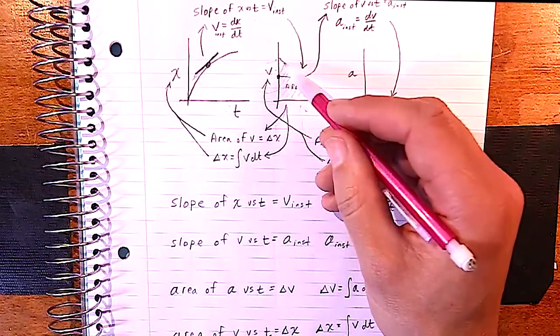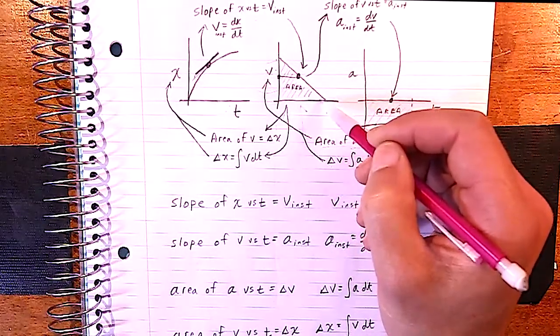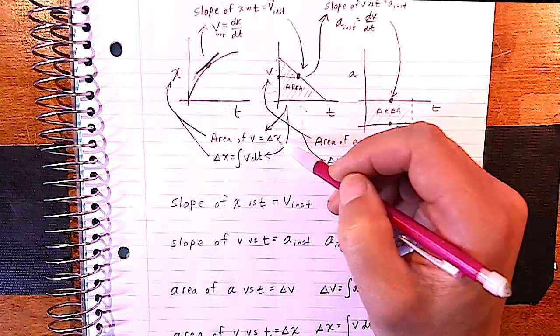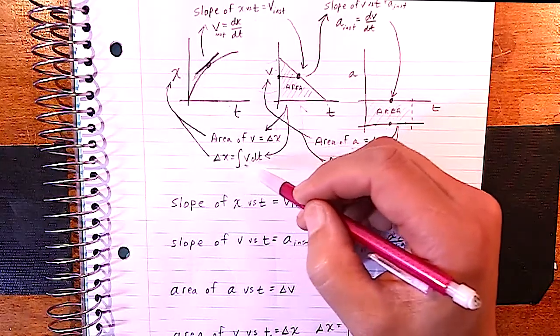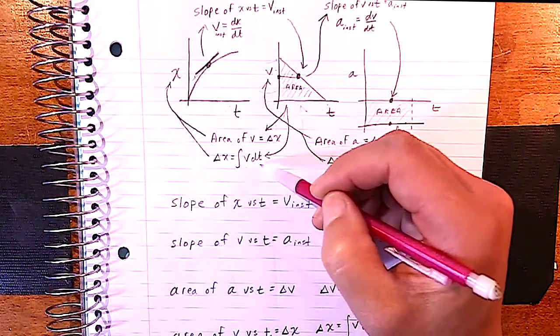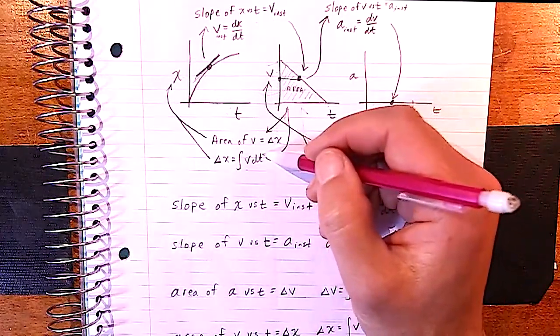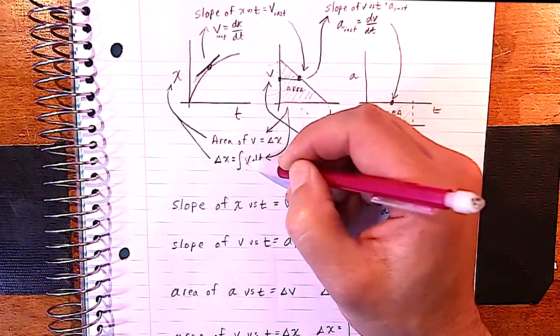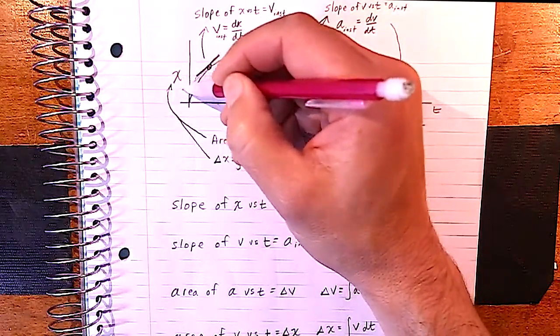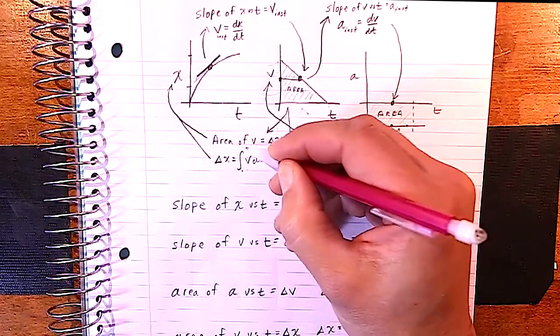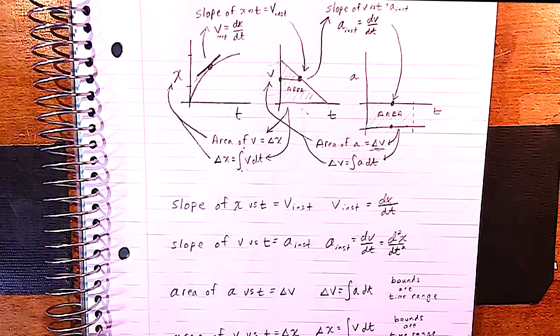Then, if we look at the area under a velocity time graph, that is going to be equal to the displacement. Or we could say it's the integral of velocity with respect to time. So, here it is, delta x, integral of velocity versus time. That's going to be whatever interval we choose from final and initial.